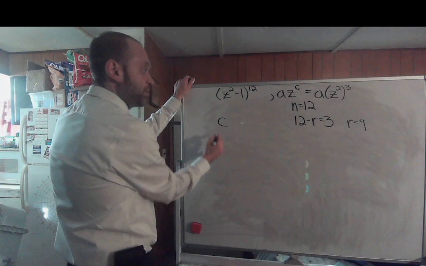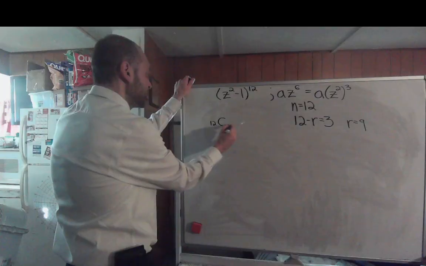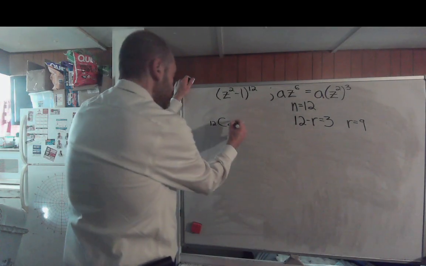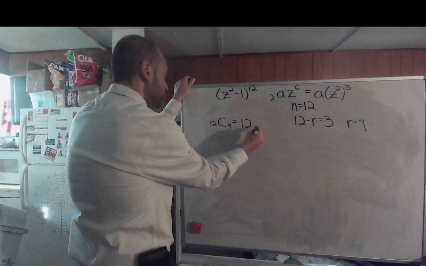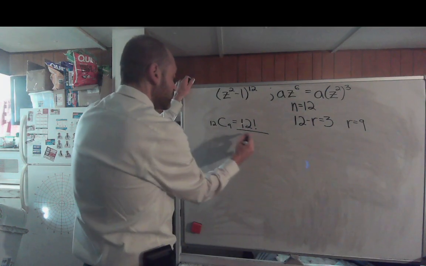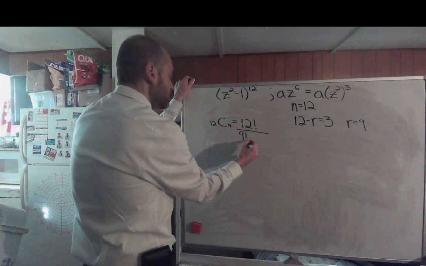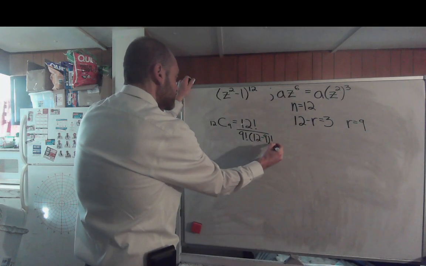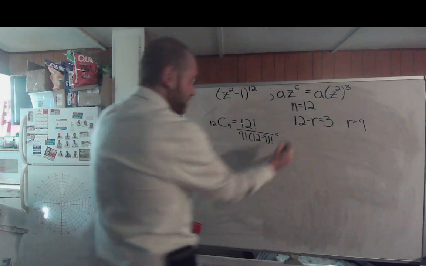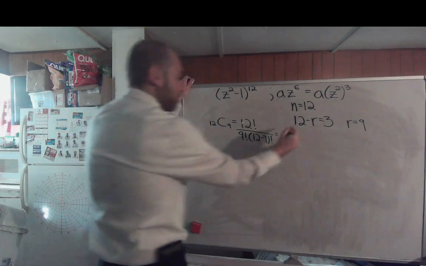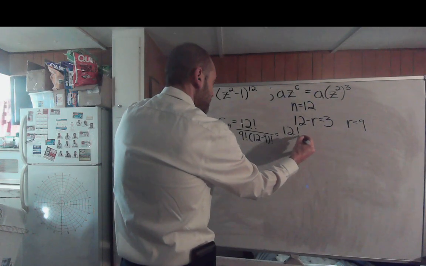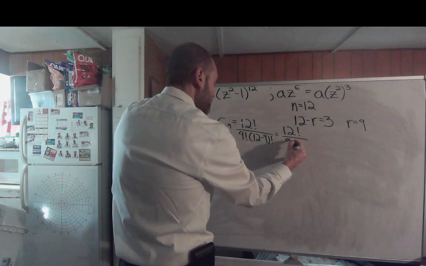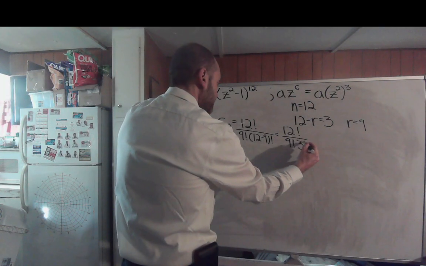We can do that by taking those 12 things 9 at a time. So that's going to give us 12 factorial all over that 9 factorial times 12 minus 9 quantity factorial, which would give us 12 factorial all over 9 factorial times 3 factorial.